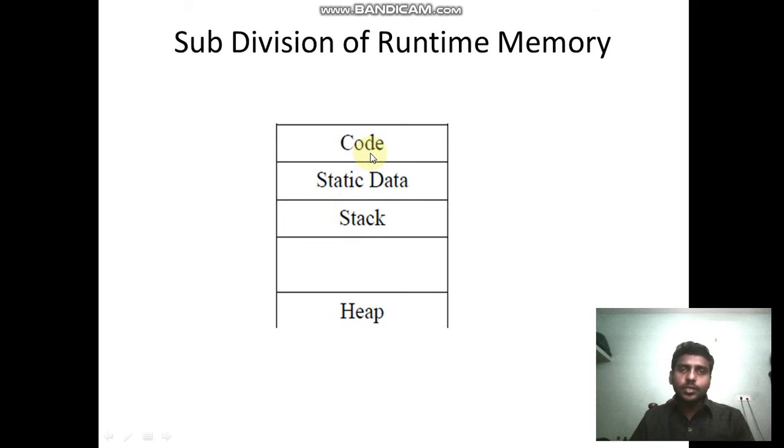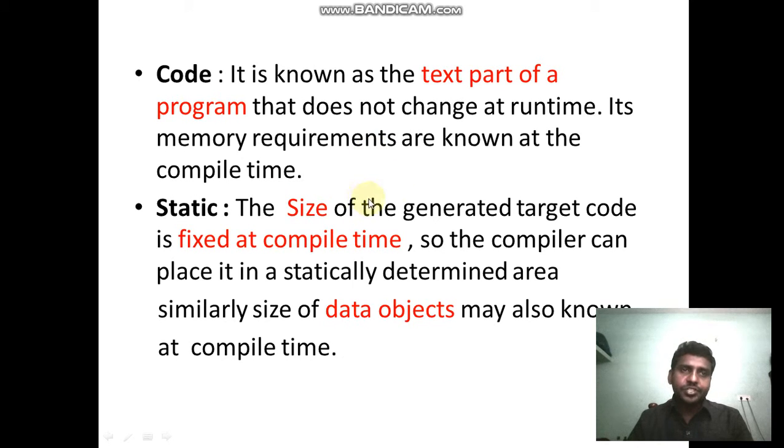First of all, what is the use of the code area in the subdivision? The code is nothing but the text part of a program. The programmer uses an editor to write the text. For example, a C programmer uses a C editor, and a Java programmer may use a Java editor.